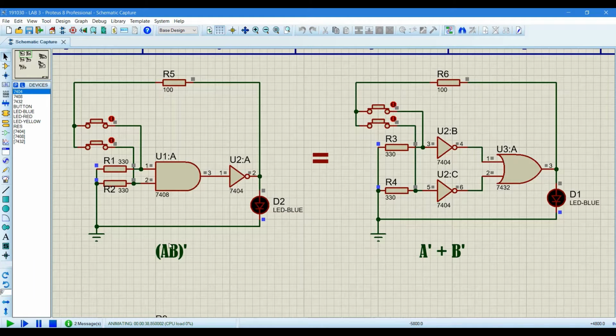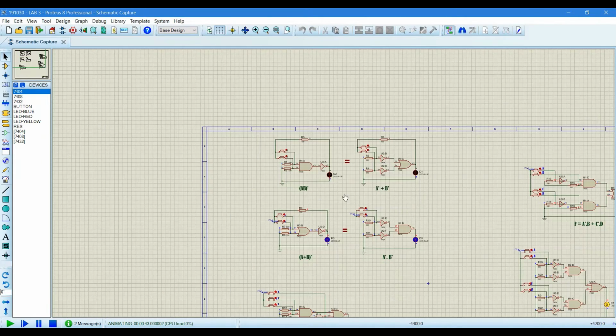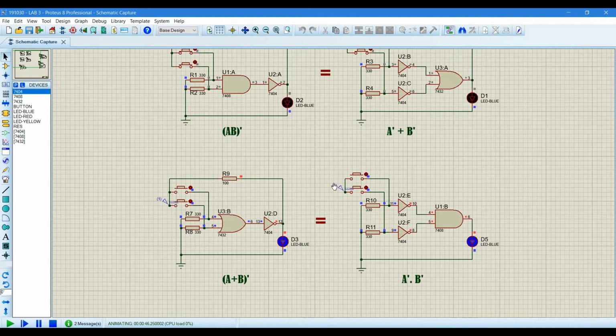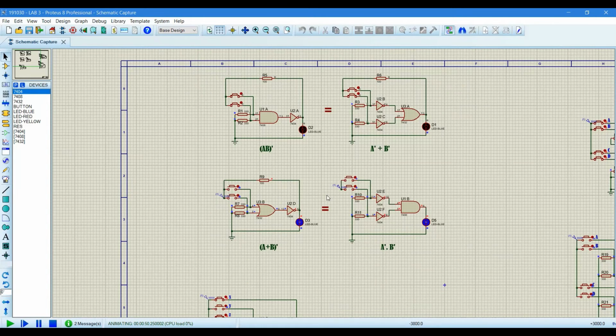So it proved that if we do (AB) whole complement or we do A complement plus B complement, the circuit is the same. Logics are different, internally the circuit is different, but the outputs are the same. So we can say that (AB) whole complement is equal to A complement plus B complement.